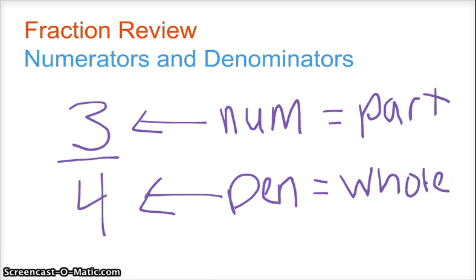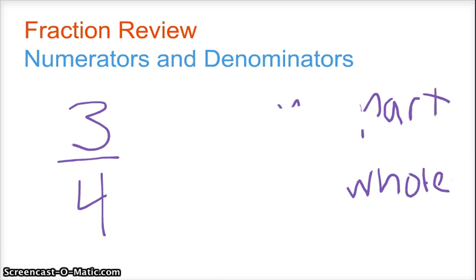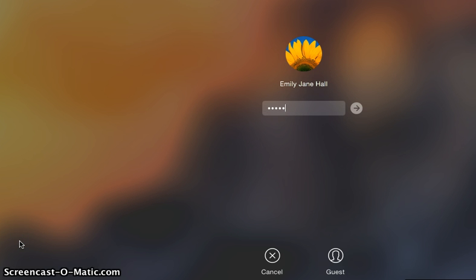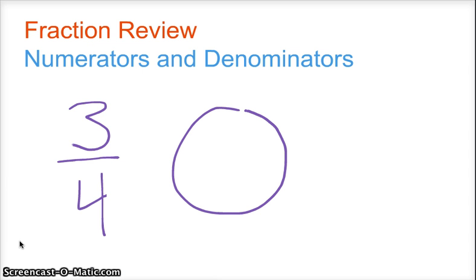Now, we're going to look at another way that we can represent this so I can show what I mean when I say the denominator is a whole and the numerator is the part. Keeping the same fraction, I'm going to erase these words and draw a picture. I'm going to use a pie. There are several ways that you can show this, but this is one that helps me understand it. I'm going to divide this pie, which is one whole pie, into 4 pieces.